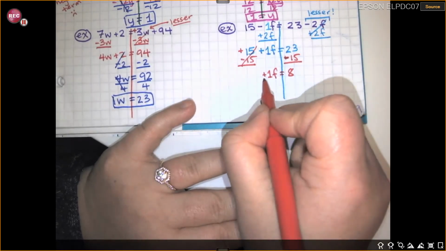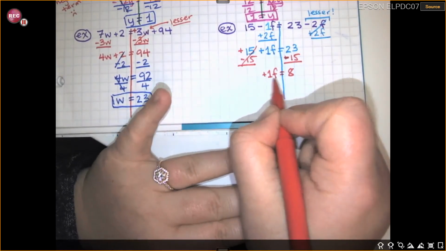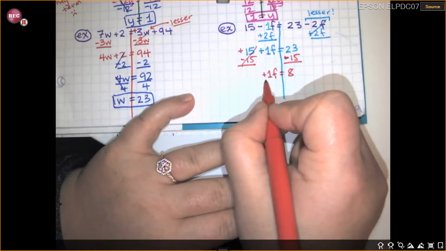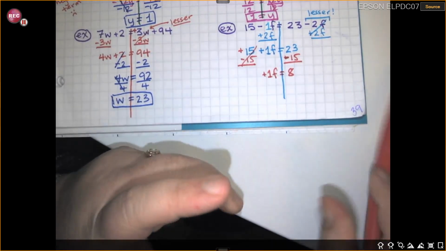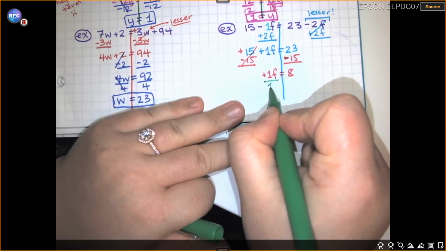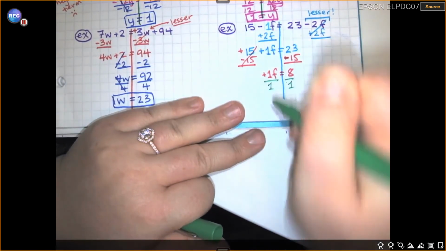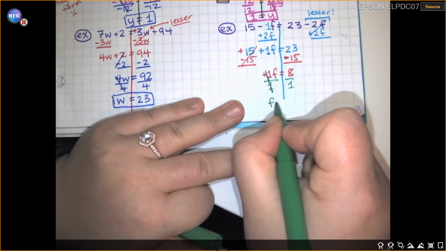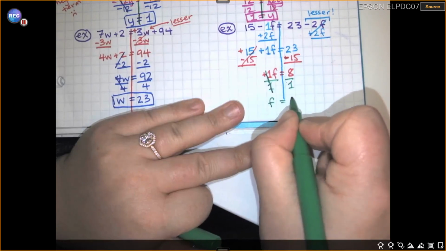Okay, and then this is 1 times f. You don't actually still have to have the positive. I wrote it, but it's fine. So we want to divide both sides by 1. Well, those divide away, so you have f equals, and then 8 divided by 1 is 8.